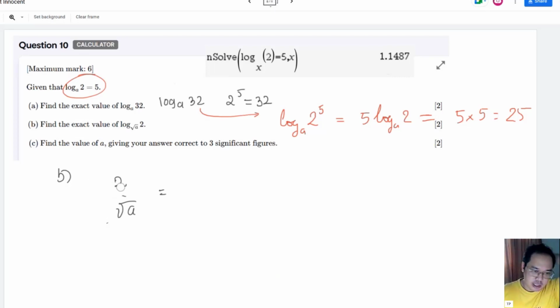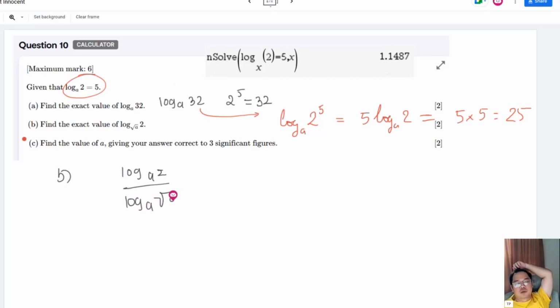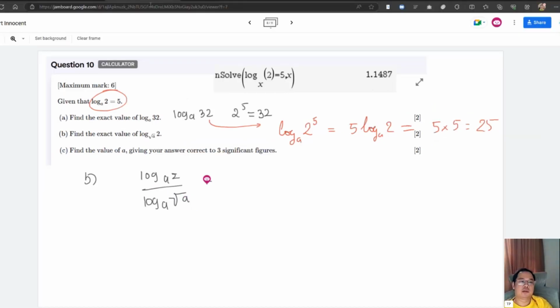So change the base a to the new base, which is base a. Log a of the square root of a. Yeah, that is the base change formula that we practiced for a few problems, right?